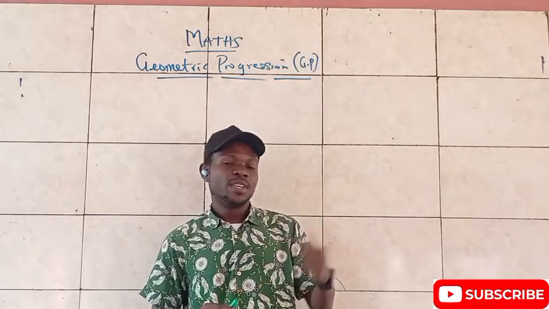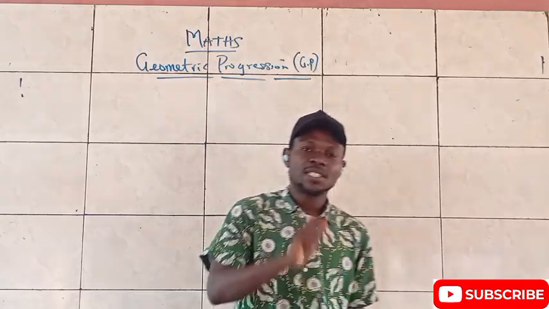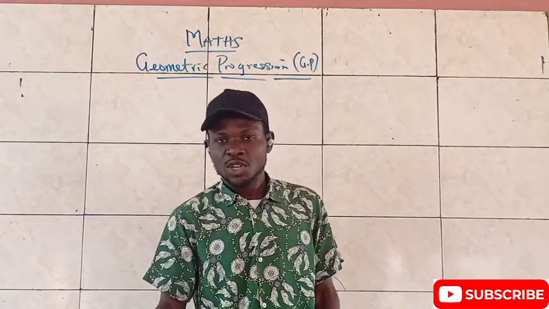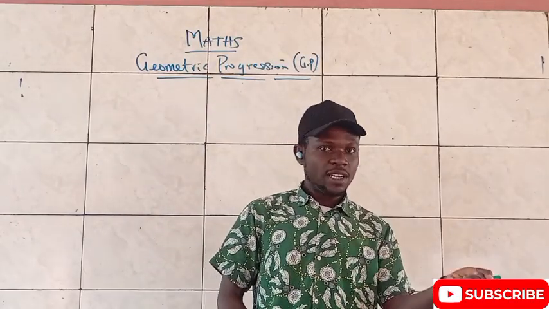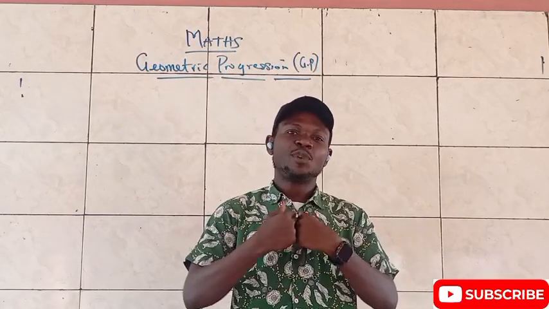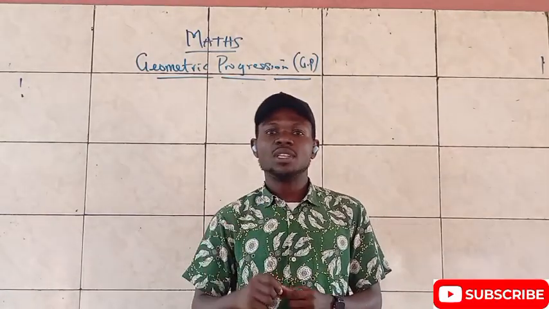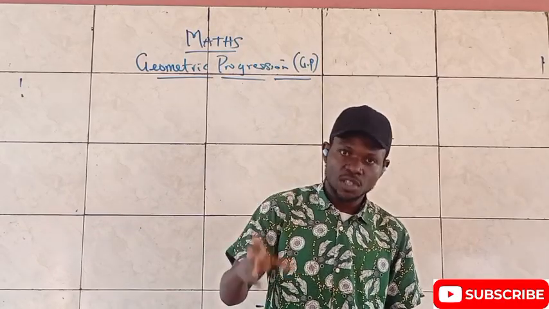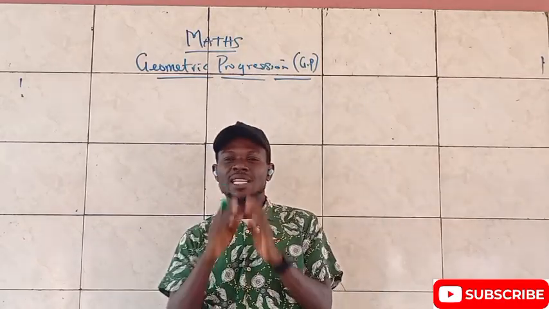You know, for AP, we did say it's a sequence that is characterized by common difference. So this time, we are replacing common difference with common ratio. Another name for GP, or geometric progression, is exponential sequence. So that is the definition.